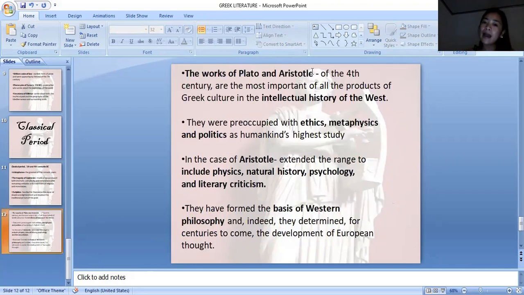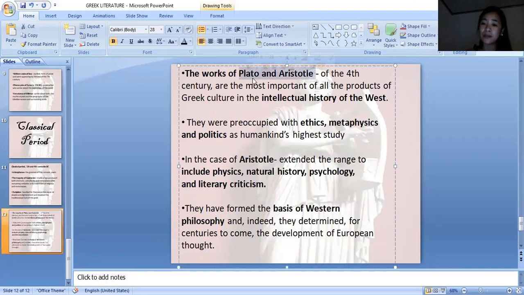And the last one, ang mahalaga sa classical, si Plato and si Aristotle. Okay? Plato and Aristotle. Ang kay Plato, kasi ang kanyang mga writings is about the ethics, metaphysics, and politics. Okay?